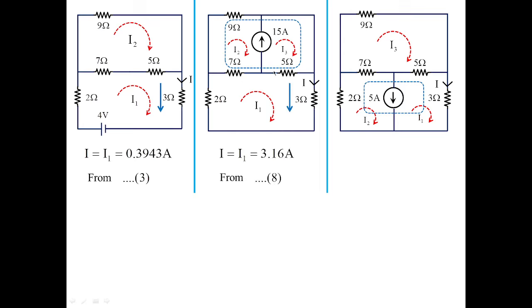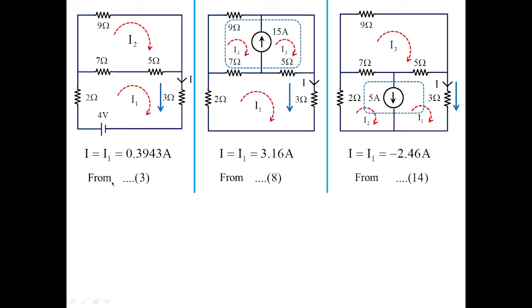When we have activated 15 amperes, we got the value of current in 3 ohms as 3.16 amperes. And for the final case, when you have taken 5 amperes as active, we got the value of current in 3 ohms as minus 2.46 amperes. So this is the important consideration you need to consider.